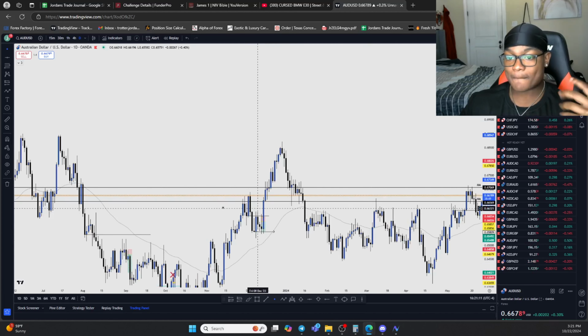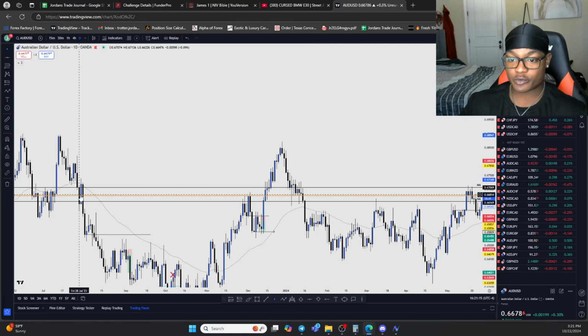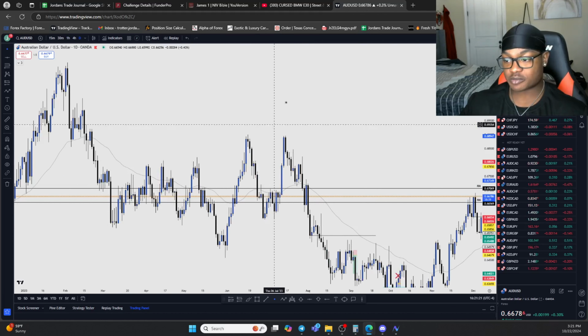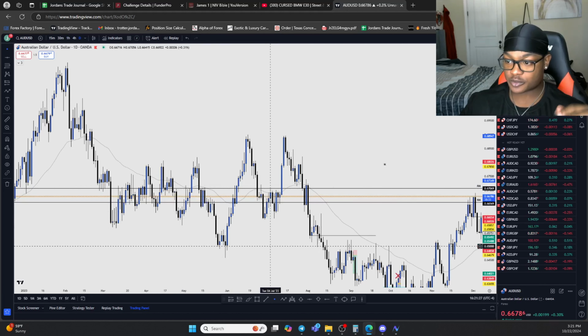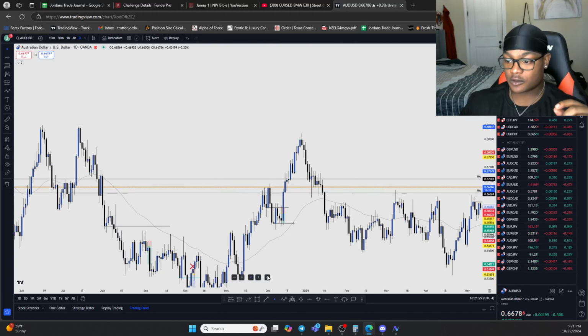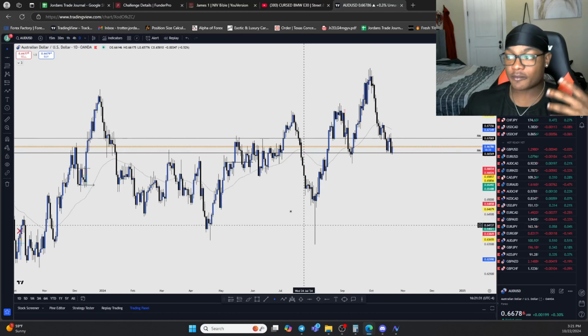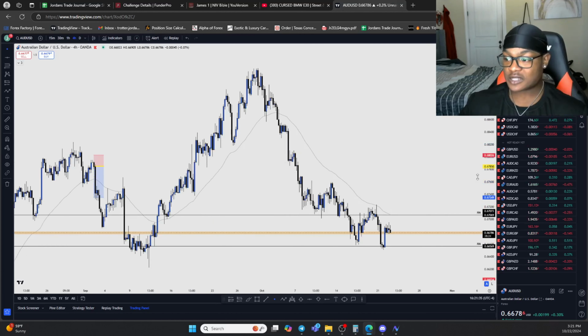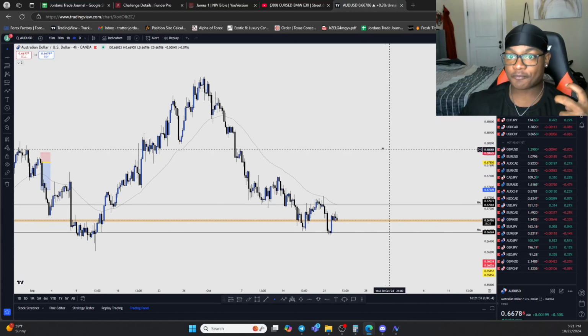And when we are above, we form the rejection push, form the rejection push, right? So on the daily time frame, strong area of interest. On the 4-hour time frame, already established that as well, being a strong area of interest.